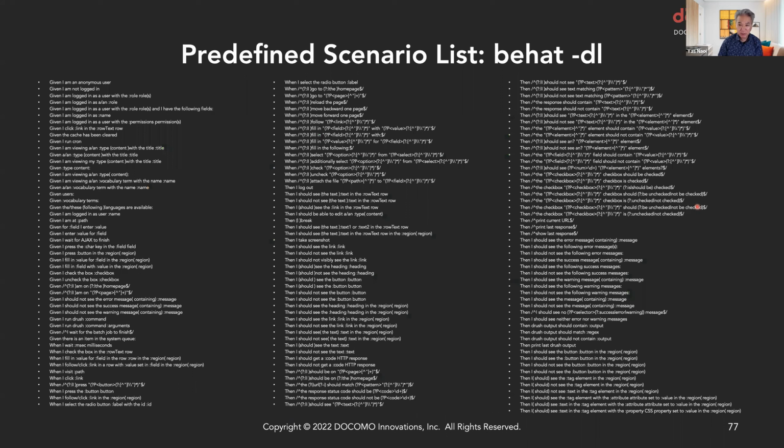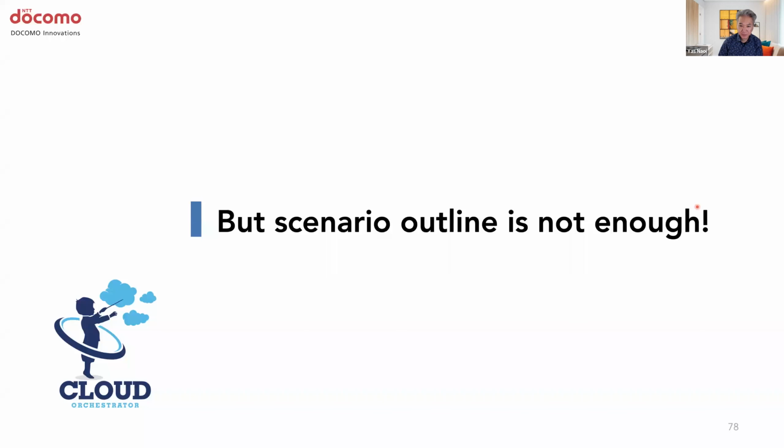Here is a list of the predefined scenario definitions. These are very detailed sentences, but we can see natural language in the list. So we already have 150 predefined definitions to operate web forms and websites like this.